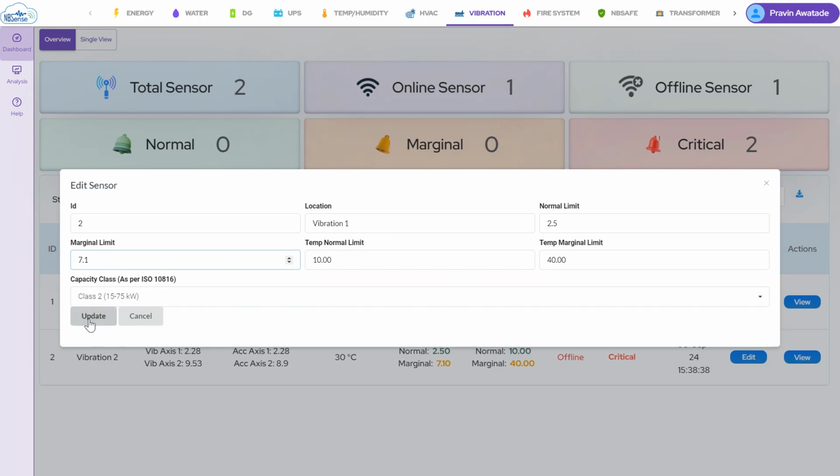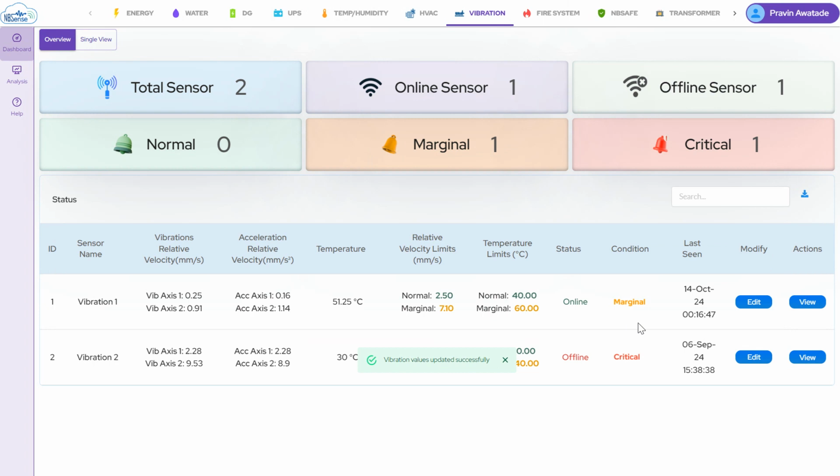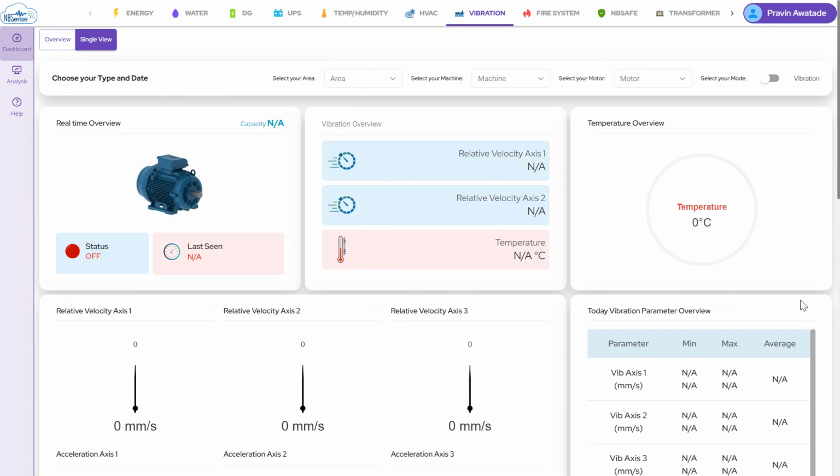Once we make the update from here, this will get updated, and now I can see the real time trend of the particular machine or motor.